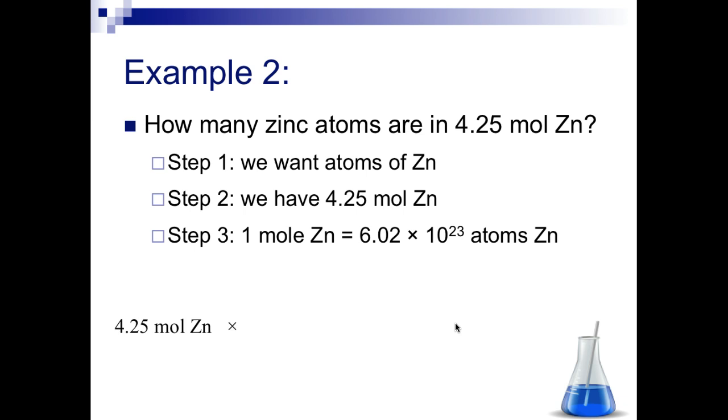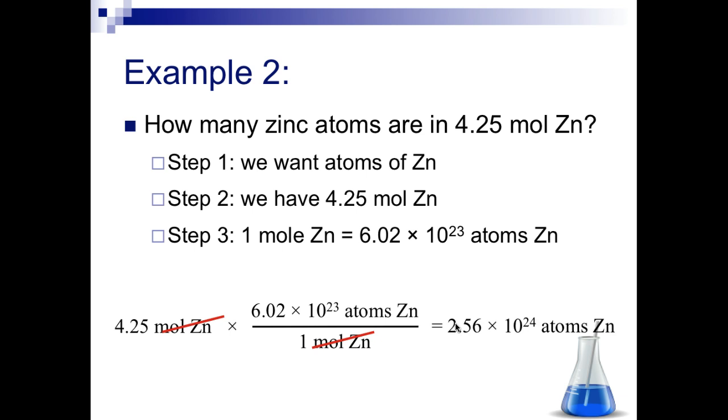So we're going to set it up just like we did last time. 4.25 moles of zinc is going to go first. Then we're going to put 6.02 times 10 to the 23rd atoms of zinc over 1 mole. Moles are going to cancel. That's what we want. Remember, we're looking for atoms. And then we're going to plug that into our calculator. We're going to do 4.25 times 6.02 times 10 to the 23rd.